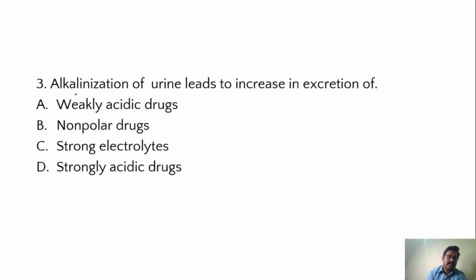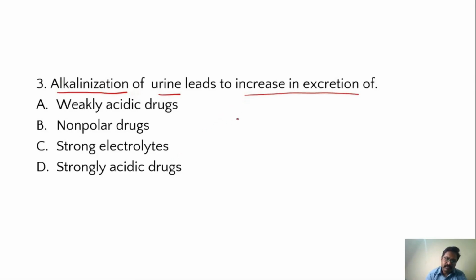Coming to the third question which was asked: alkalinization of urine leads to increase in excretion of. Whenever you do alkalinization of urine, which is the drug which will be excreted out?